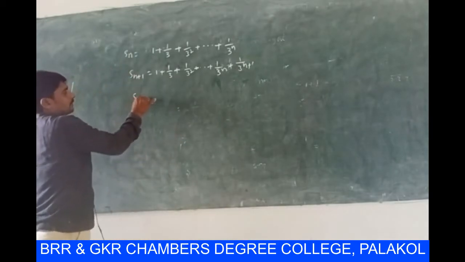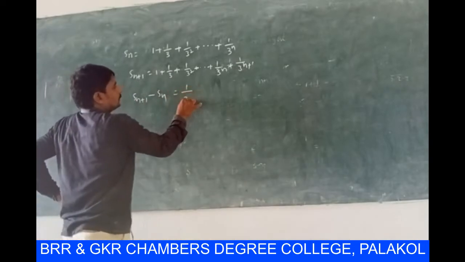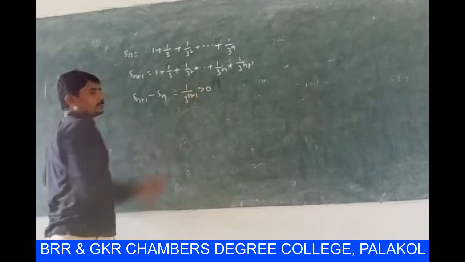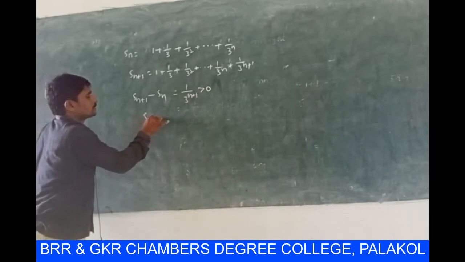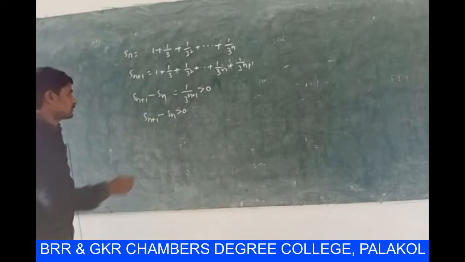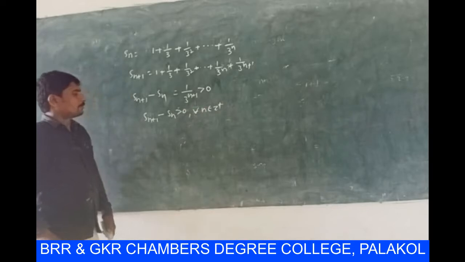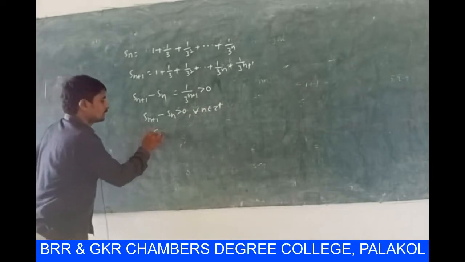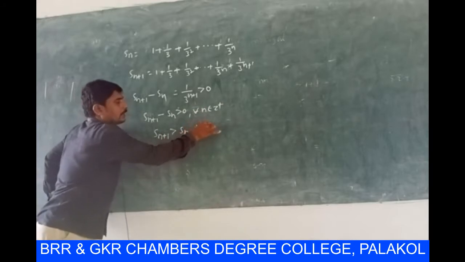After taking the difference, Sn plus 1 minus Sn is equal to 1 by 3 power n plus 1, but it is always greater than 0 for all n belongs to Z plus. Means Sn plus 1 minus Sn is greater than 0 for all n belongs to Z plus, which is nothing but Sn plus 1 is greater than Sn.